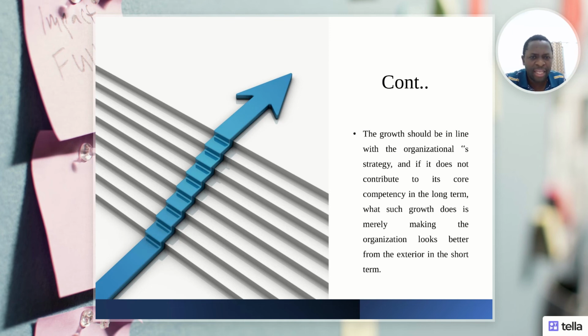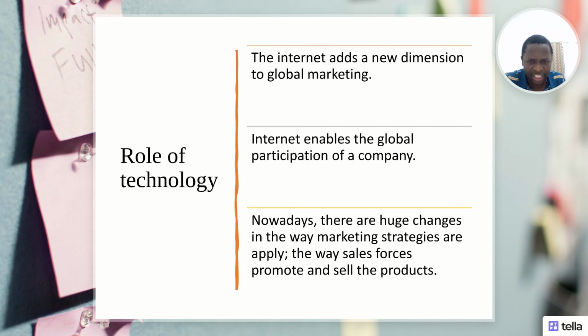The growth should be in line with organizational strategy, and if it does not contribute to its core competence in the long run, what such growth does is merely make the organization look better from the exterior in the short term, which is not advisable when companies go global. We expect that their vision or their strategy goes beyond what we see, or goes beyond the short term expectations.